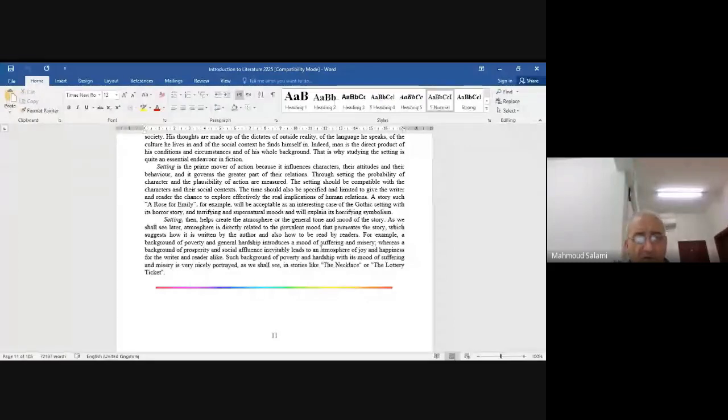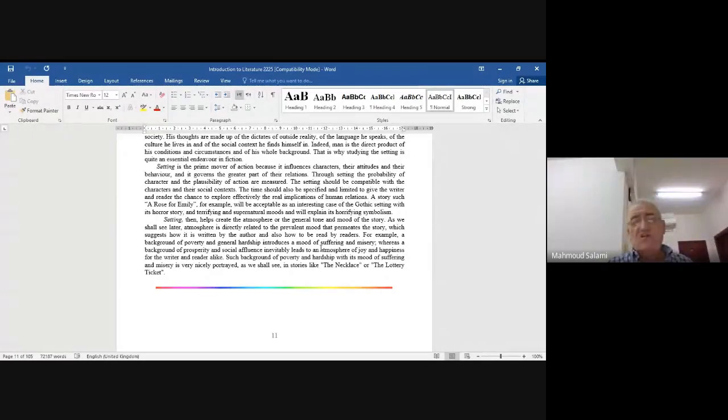So such backgrounds of poverty, hardship, suffering and misery are related to what we're talking about here, setting. It is very nicely portrayed, as we shall see, in the stories we have in our collection, especially The Necklace and The Lottery Ticket.